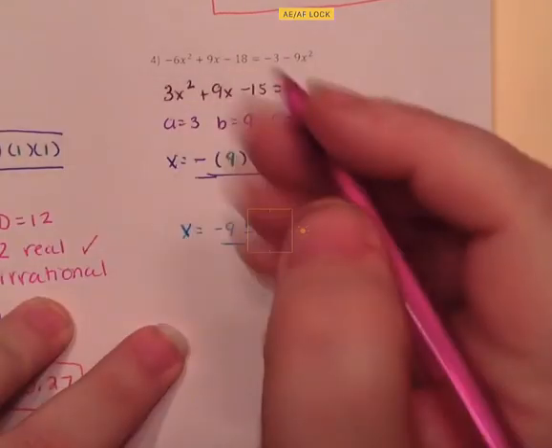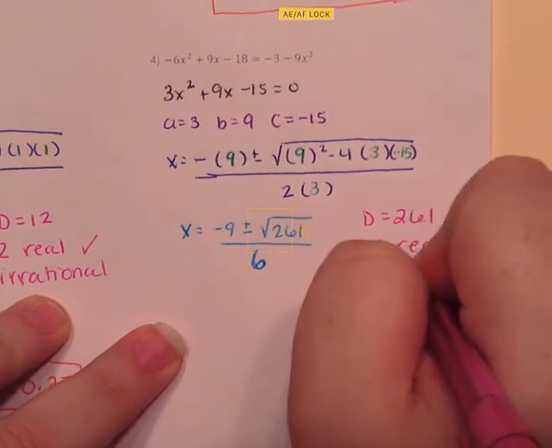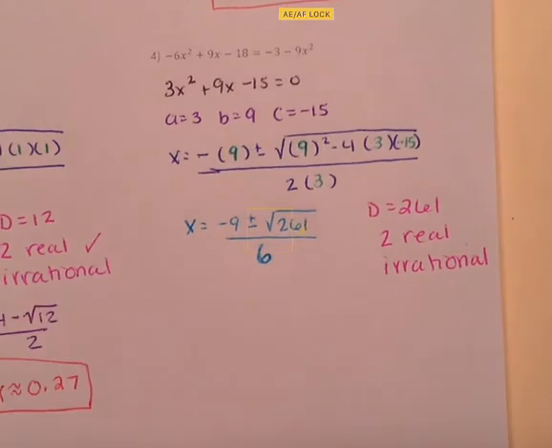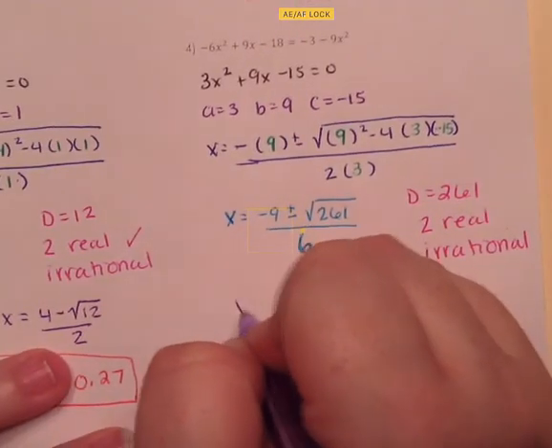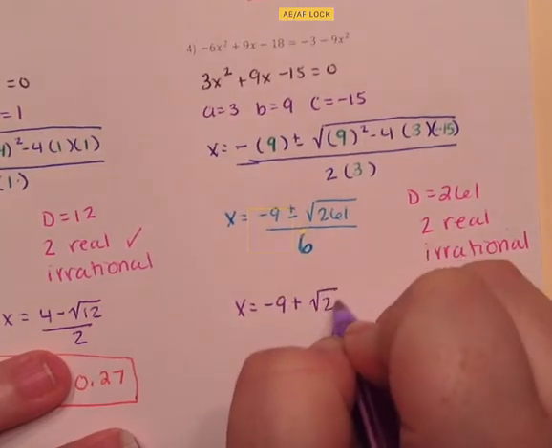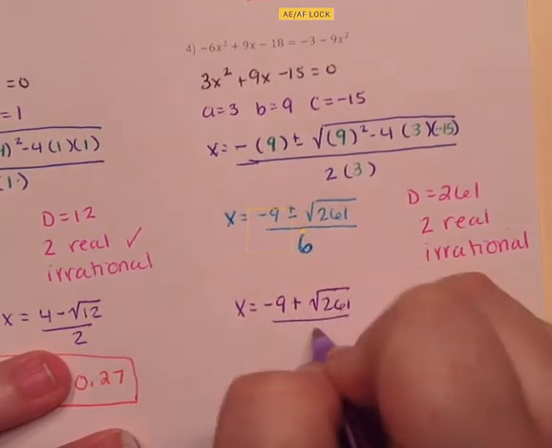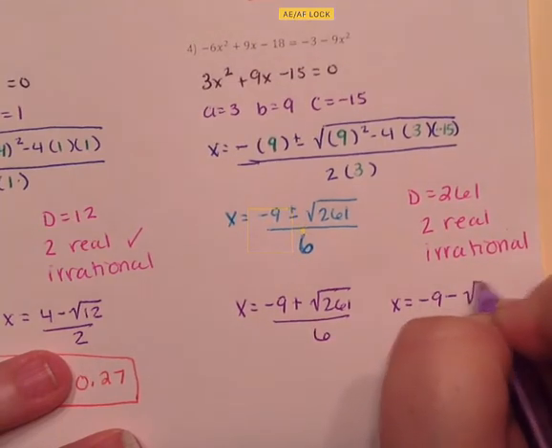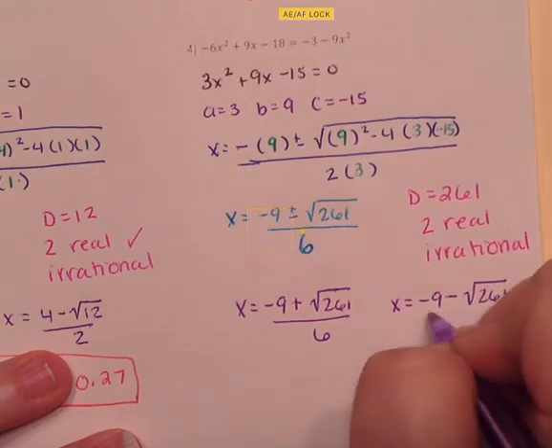That means that we'll have irrational solutions. So our answers will end up being decimals. So separating them, we have x equals -9 plus the square root of 261 all over 6, and x equals -9 minus the square root of 261 all over 6.